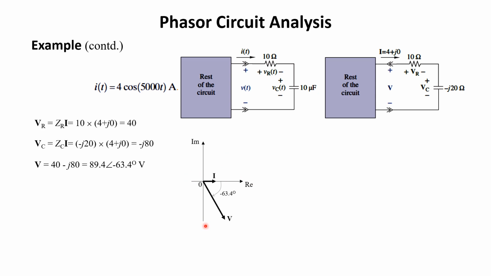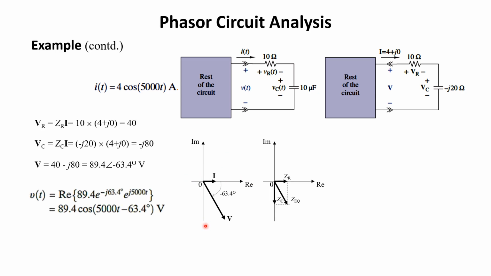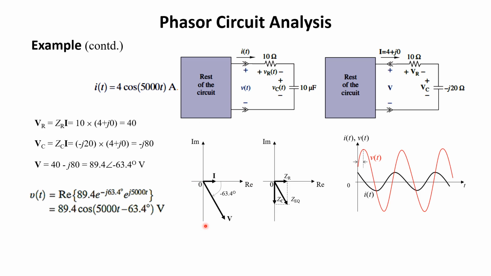And the V_C is, I haven't shown V_C over here. Sorry for that. V_C is minus j80. So minus j80 will be a line over here. I will draw it for you.